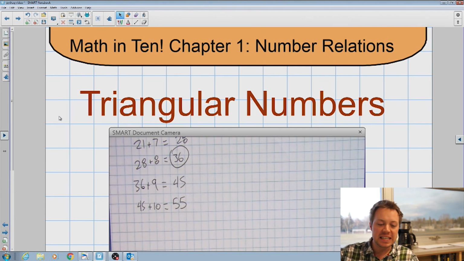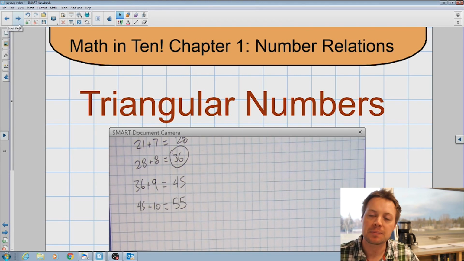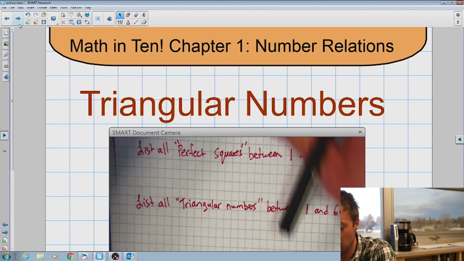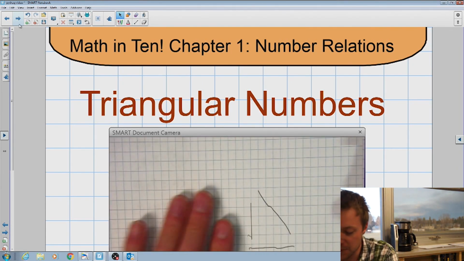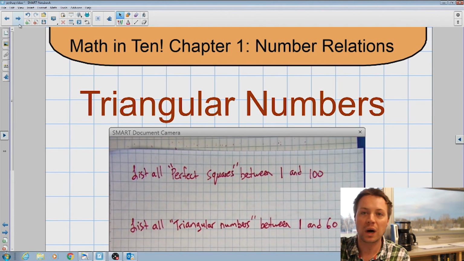There's one more really neat thing that you can do with triangular numbers, and that is I can always take my triangular numbers and combine them to make a perfect square. So I'm going to relist all of my perfect squares between 1 and 100, and all of my triangular numbers between 1 and 60.